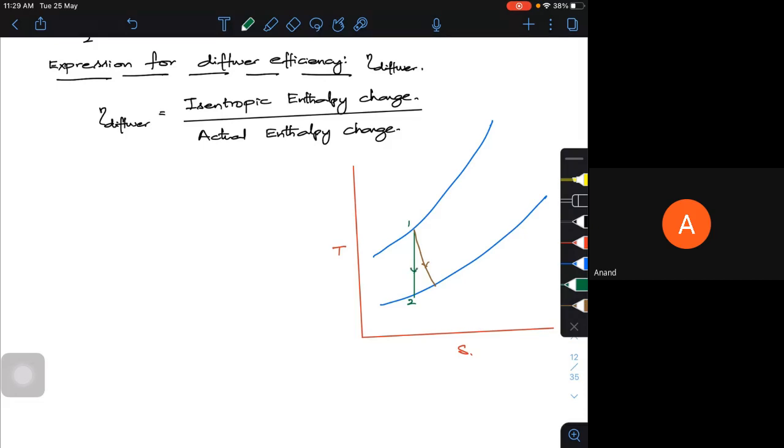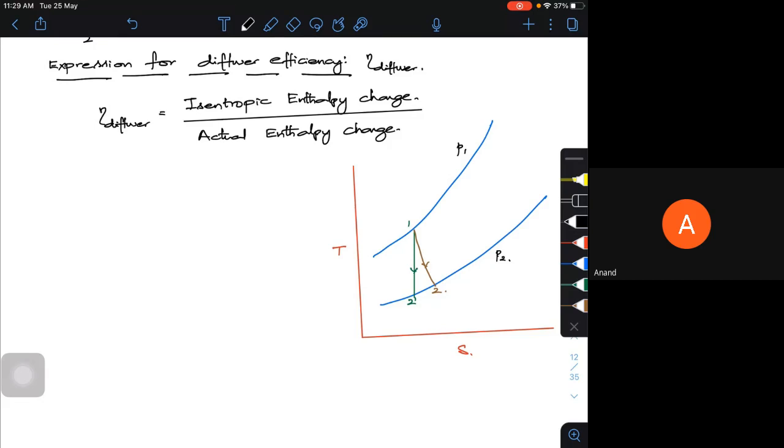So I call this 2 dash, and this 2. This is my P1 and P2, the corresponding pressures. So expansion takes place. It's not a compression, it's an expansion.